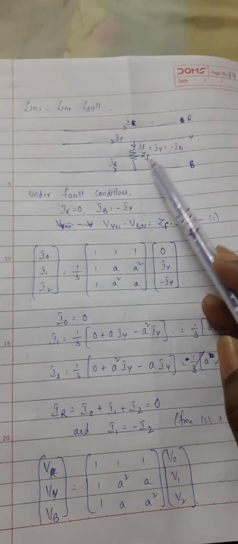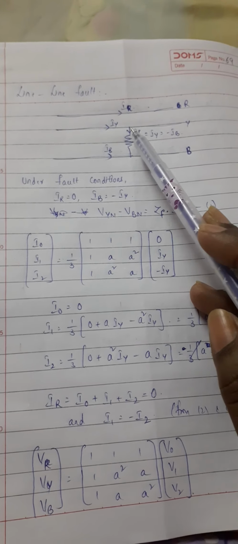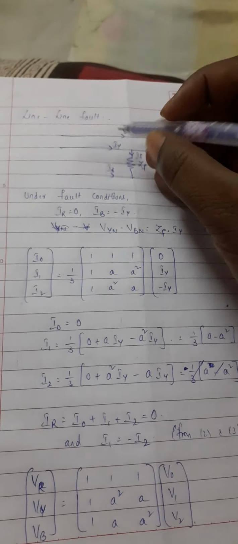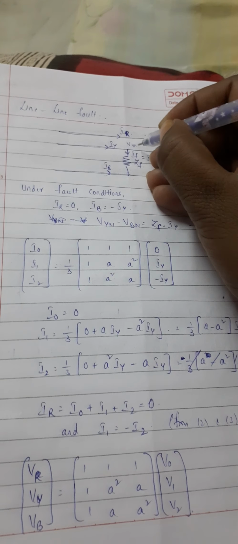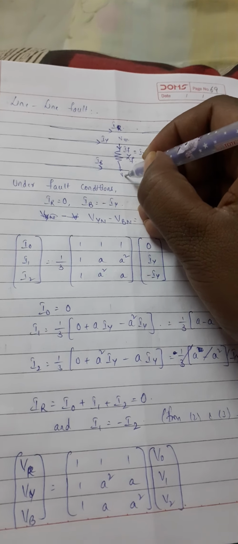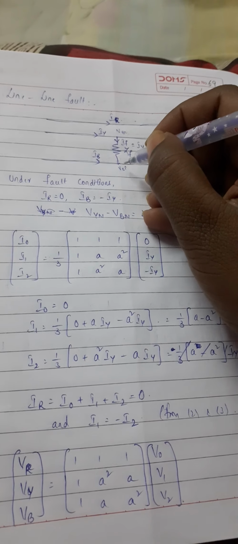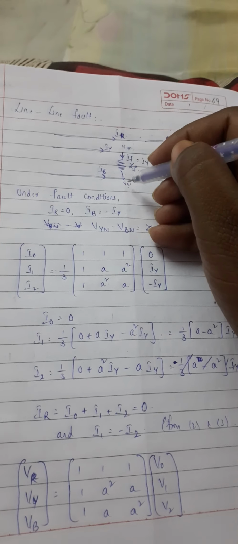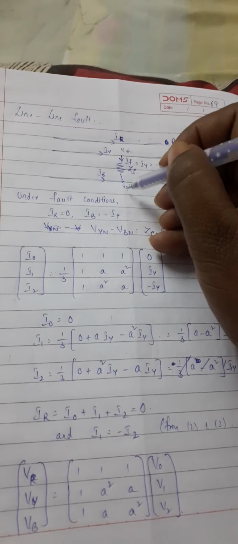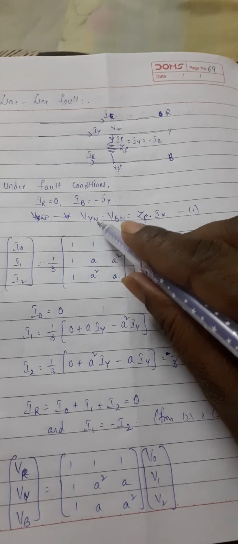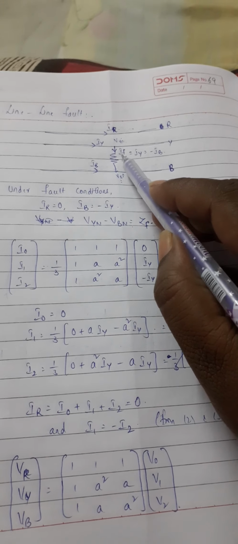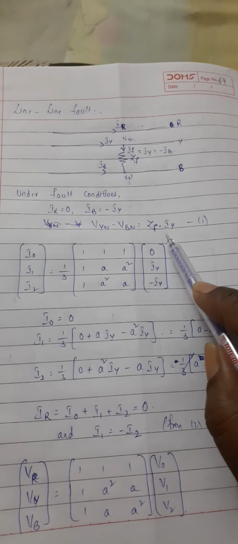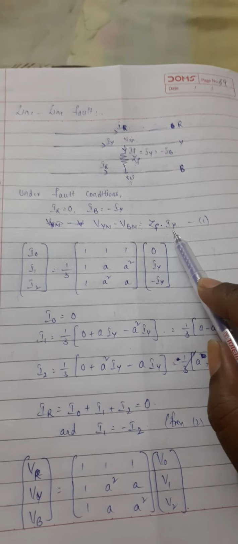And coming to the potential difference across this ZF, this point I can take as VYN and this point as VBN, or simply VY and VB. The potential difference across it, VY minus VB or VYN minus VBN, is equal to the impedance ZF times the fault current IF, or IY.